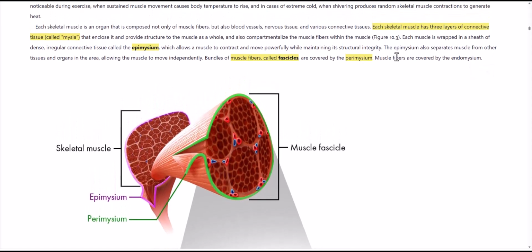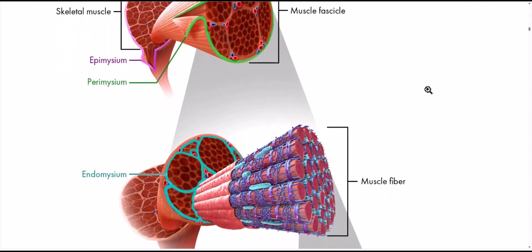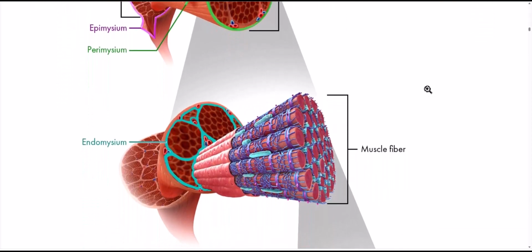Now, every muscle fiber itself is also covered by a layer of connective tissue referred to as the endomysium, and of course that makes sense to us. Endo means within, so deep within the muscle tissue there is the endomysium. So let's look again at what we're seeing.